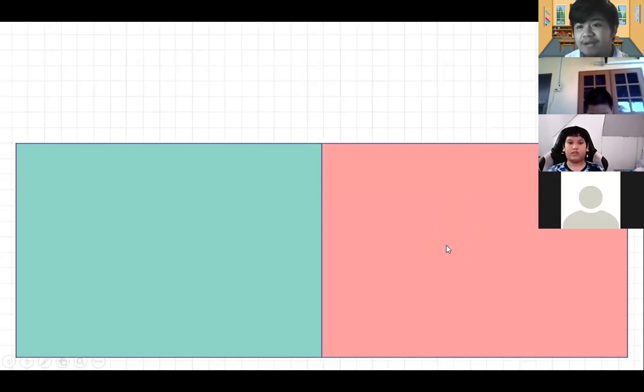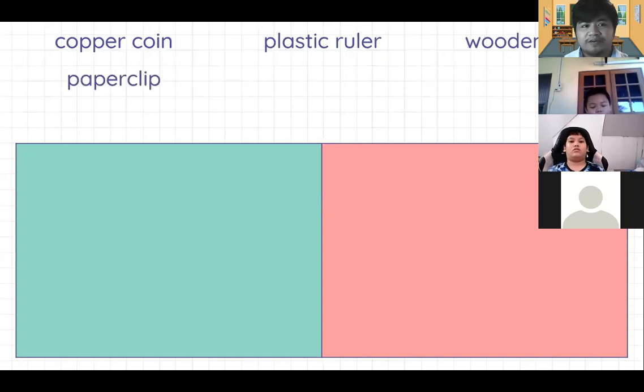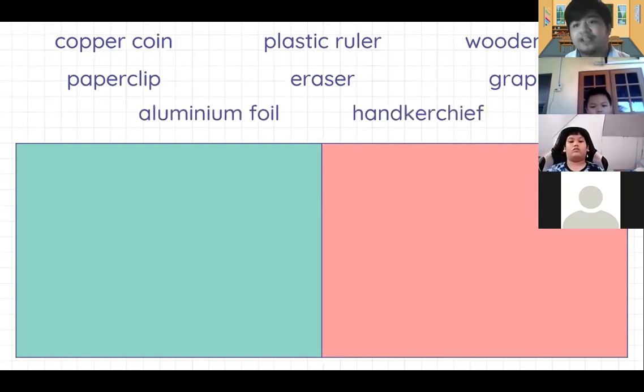And here in the pink box, we are going to put all the insulators. Okay? So we have copper coin, plastic ruler, wooden ruler, paper clip, eraser, graphite, aluminum foil, and handkerchief.